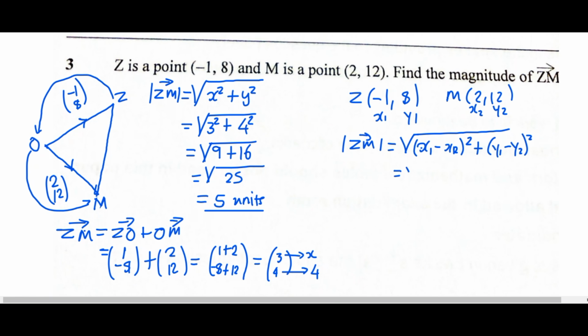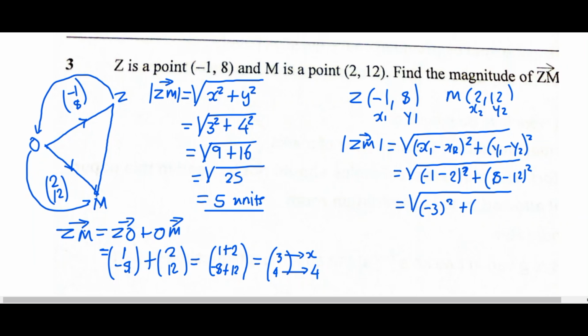Let's do the substitution. x1 is negative 1 minus x2 which is 2, squared, plus y1 which is 8 minus 12, squared. For the first bracket, negative 1 minus 2, we add, so this will give us negative 3 squared, plus 8 minus 12 which will give us negative 4 squared.